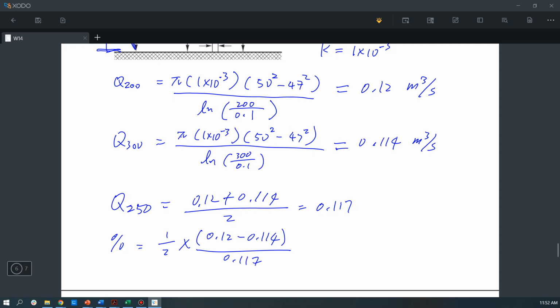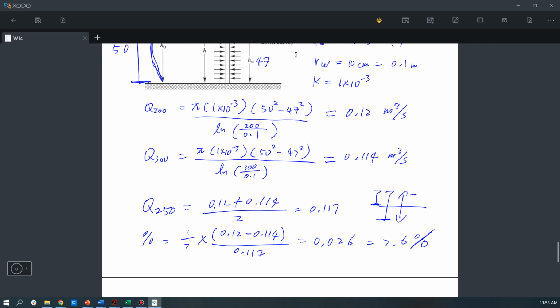These two are there because we want to calculate this change, so we just divide this entire change into 2. Okay. So this gives us 0.026. This is 2.6%.